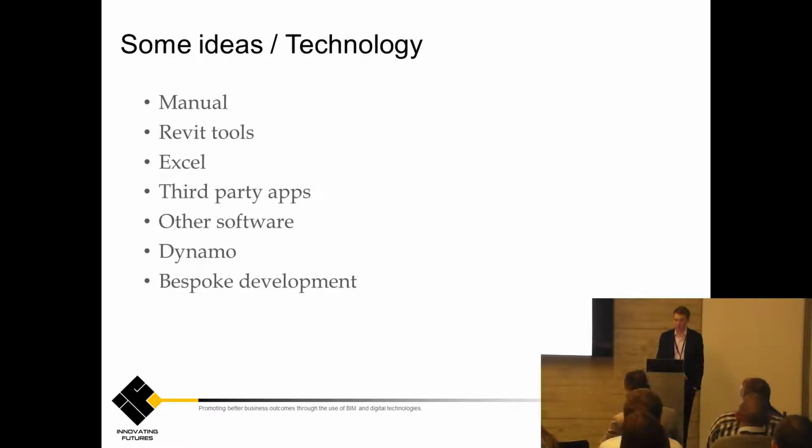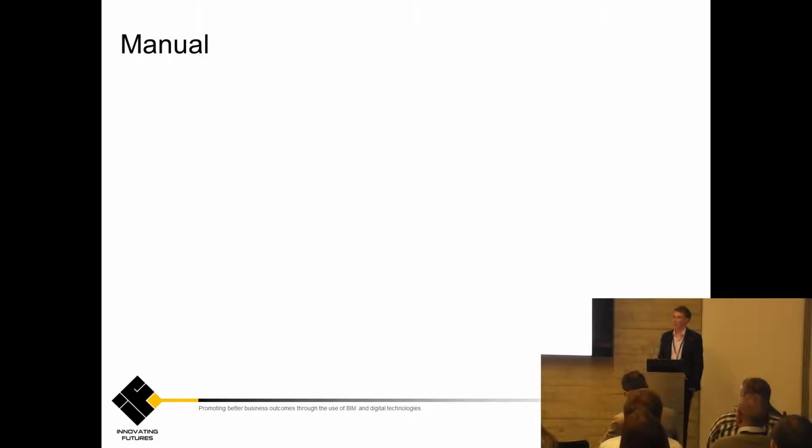development. So if we look into some of those, obviously there's the manual one, something at the moment which is taking a huge amount of time for people to do, and I think this is why people are putting in those disclaimers about information in the model, because manual takes so long, why are we going to bother to do it if we're following the same manual process we do with current drawing checks?